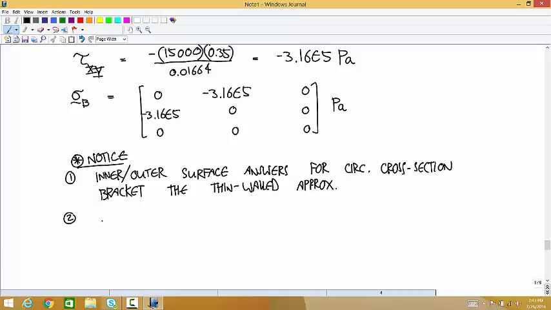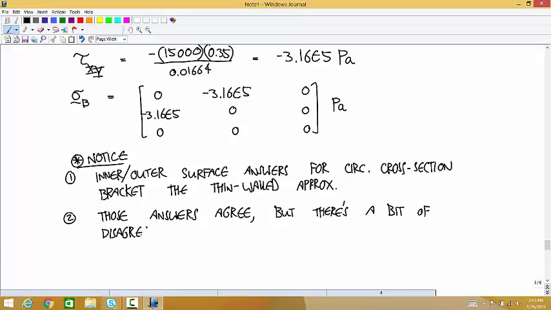Second, those answers roughly agree, but there's a bit of disagreement, because the wall thickness is pretty big compared to the diameter of the tube.